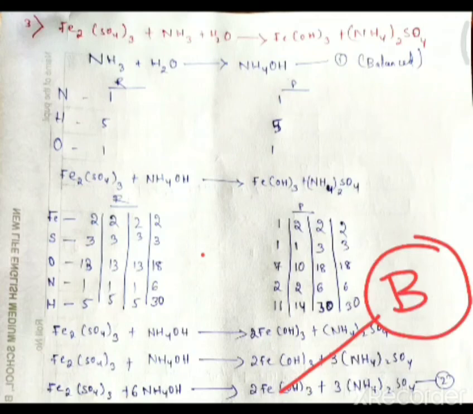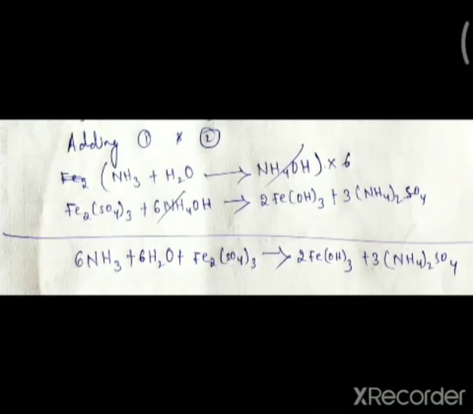So now we will add these two equations, okay. So see, the first equation was NH3 plus H2O gives NH4OH. Then the second equation, Fe2(SO4)3 plus 6 NH4OH gives 2 Fe(OH)3 plus 3 (NH4)2SO4, okay.